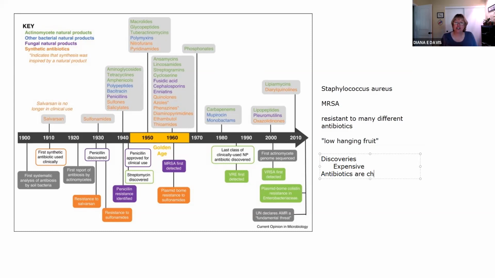Antibiotics are cheap and taken short term. So there's not a big return on investment. Drug companies are not looking to go into these fields because they're not going to make a lot of profit off of it.